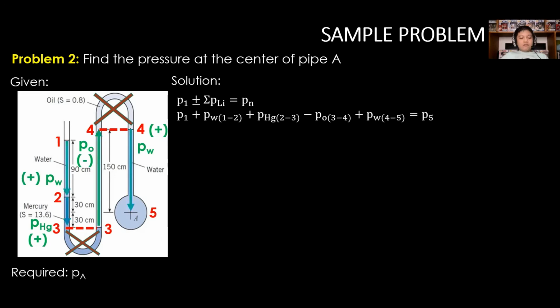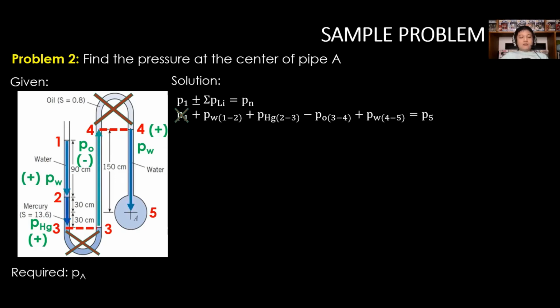So therefore, we have P1 plus the pressure of water from 1 to 2 plus pressure of mercury from 2 to 3 minus pressure of oil from 3 to 4 plus pressure of water from 4 to 5 equal to the last point, which is P5.